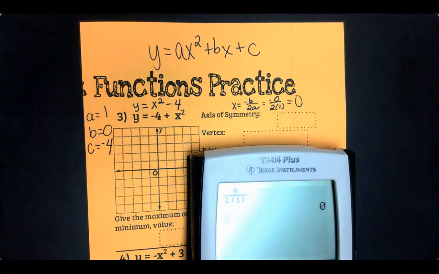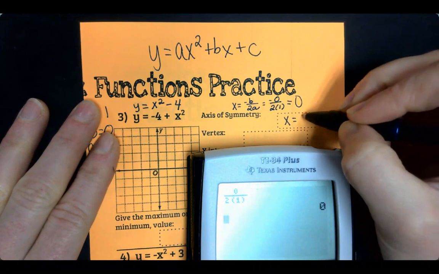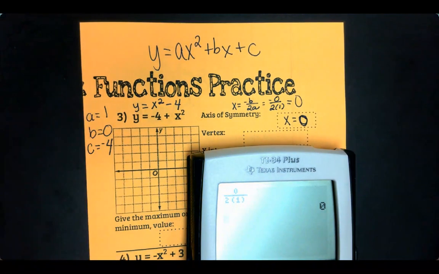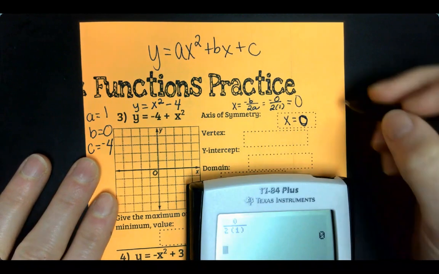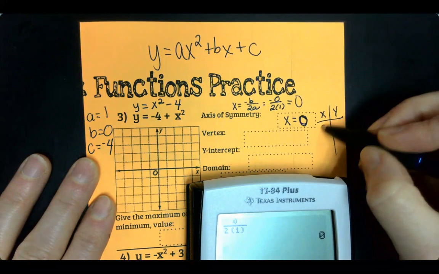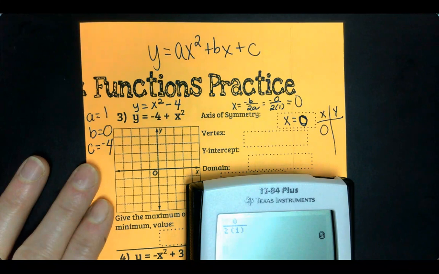So anytime b is 0, your axis of symmetry is going to be 0 because that b is a 0. So this would be x equals 0. We'll make a table of values starting with the vertex where x is 0.